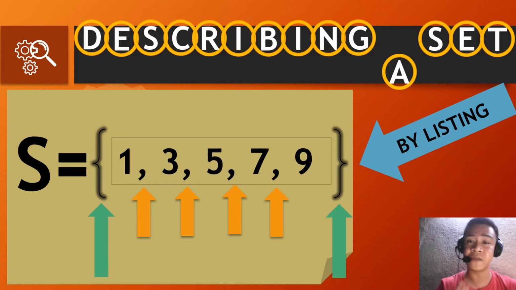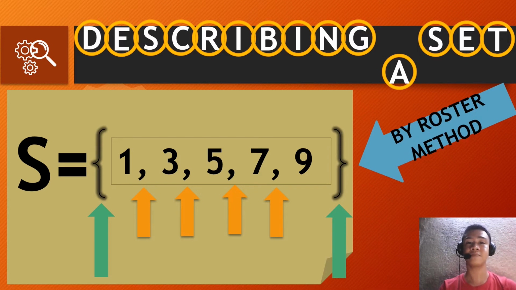Again, the first method is by listing. We just list the elements in a set. In this example, we have 1, 3, 5, 7. That is an example of listing. Another term for listing is roster.